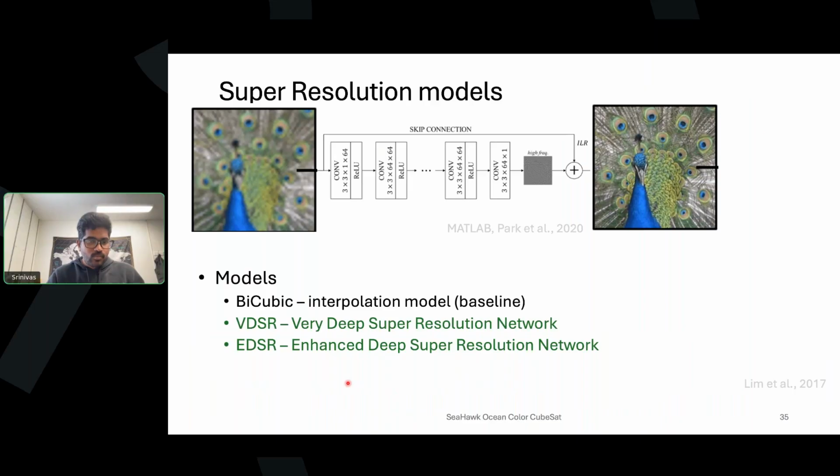And we developed two models, VDSR and EDSR. These are two deep super resolution networks that are used to transform low resolution data to high resolution data. We chose Sentinel-3 OLCI because it has spectral bands which are very close to Hawkeye, and it is the next best resolution after Hawkeye in terms of ocean color, with 300 meters.